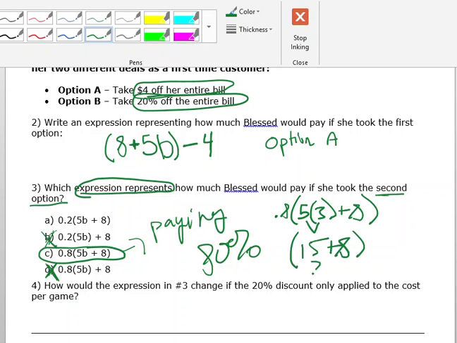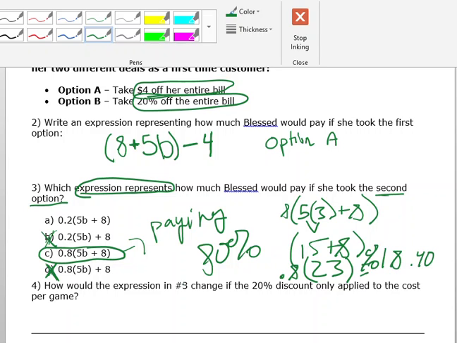That means her total cost would be $23. And if I did 0.8 times 23, that would give me how much she spent. 0.8 times 23 gives me $18.40. Okay, $18.40 would be how much she ended up spending.